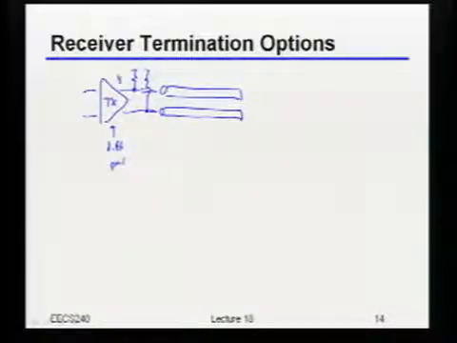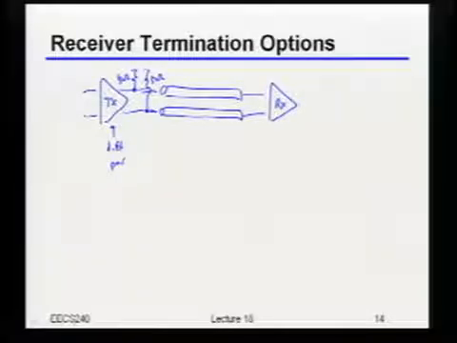And I have my two 50 ohm loads right here, and then I have my receiver right there. Remember I need to terminate the receiver also. The most common way that people hook this up is just to take two 50 ohm resistors and connect them right at the inputs.